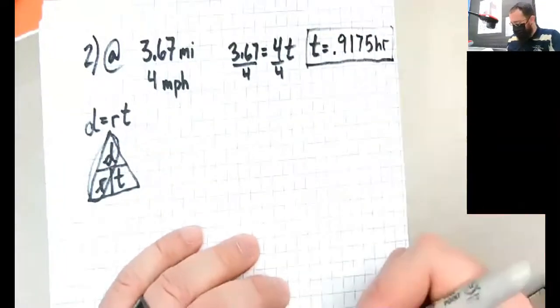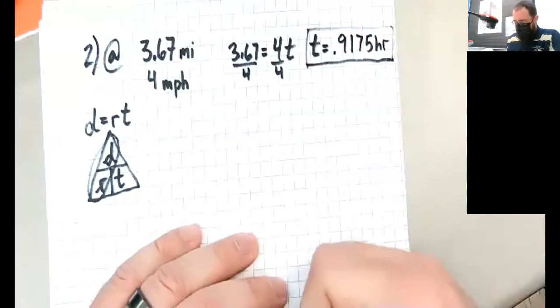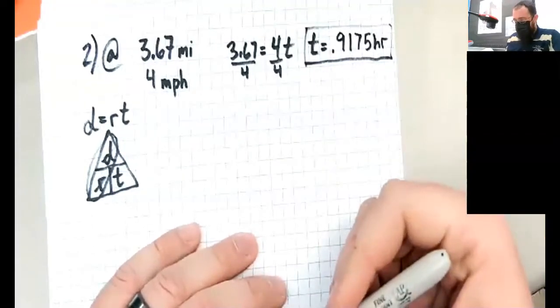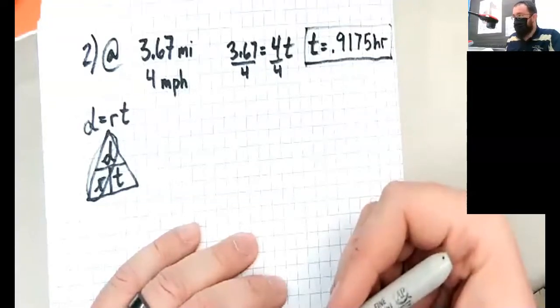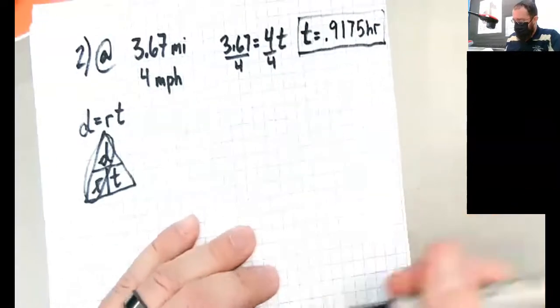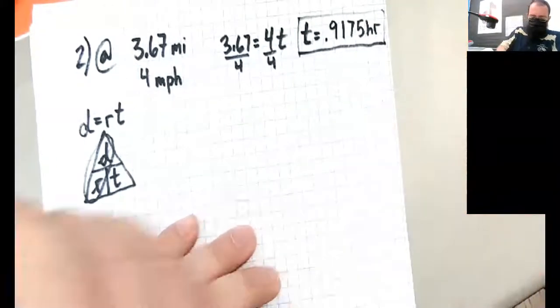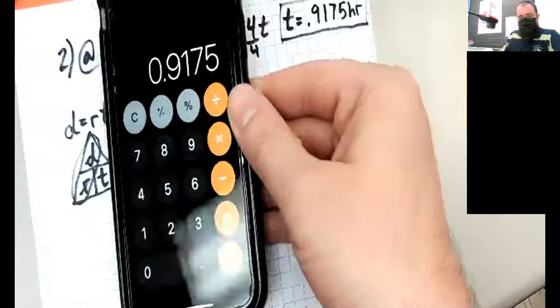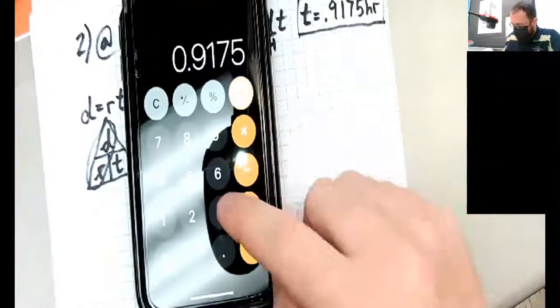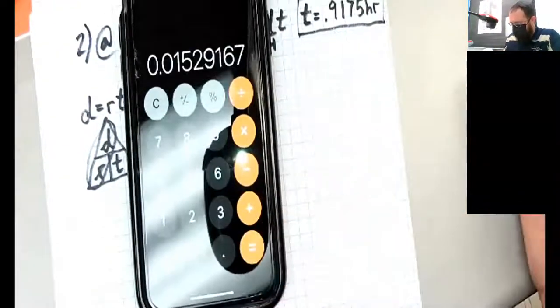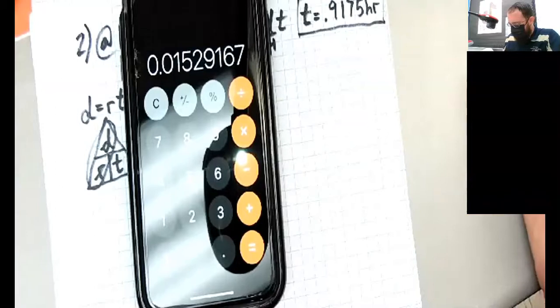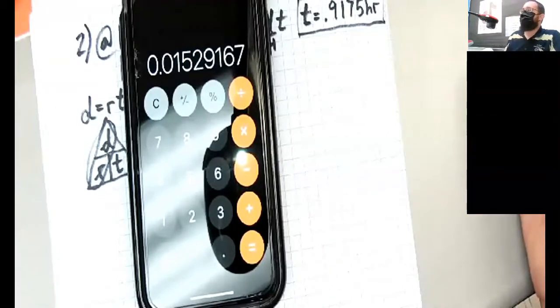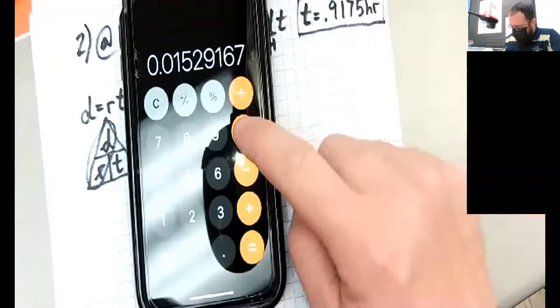Now, how do I convert hours to minutes? Divide by 60, so 91.75 divided by 60. Multiply by 60.